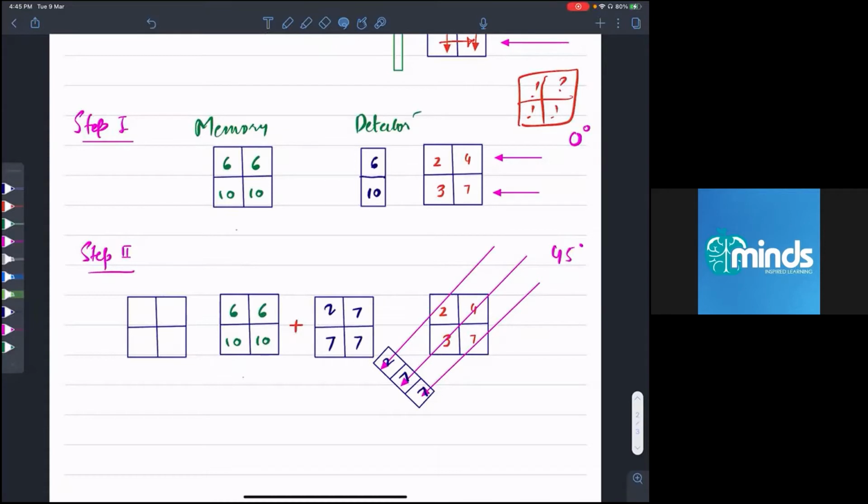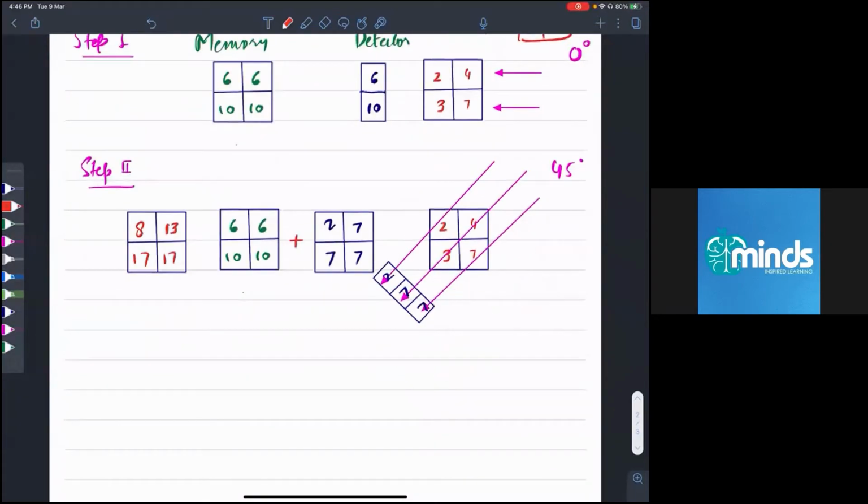Now just add the corresponding. So can I say it will become 6 plus 7 is 13, 6 plus 2 is 8, 10 plus 7 is 17, 10 plus 7 is 17. So now the new memory is 8, 13, 17, 17.